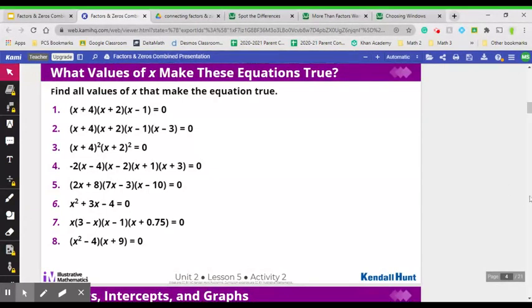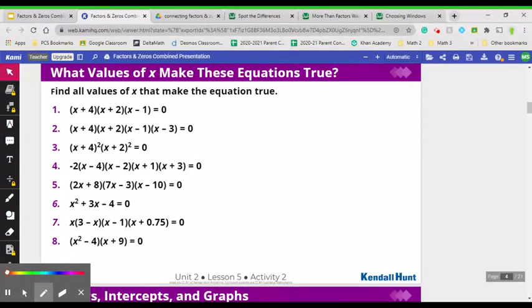So in this slide, we have some different examples of the factored version of a bunch of polynomials, and a lot of these work in the same way. So we're going to do a couple of these. As we go through it, you should maybe pause the video to see what x values would make this true. Then we'll do a couple of them together as well.